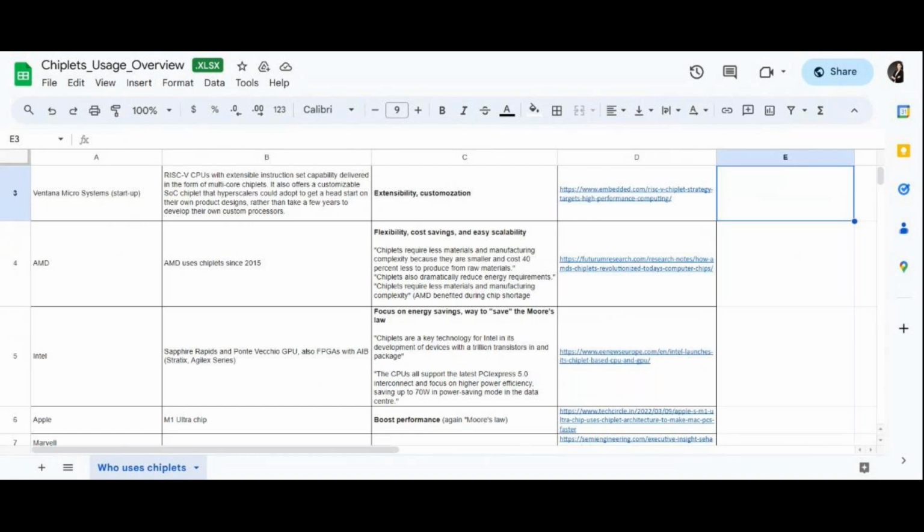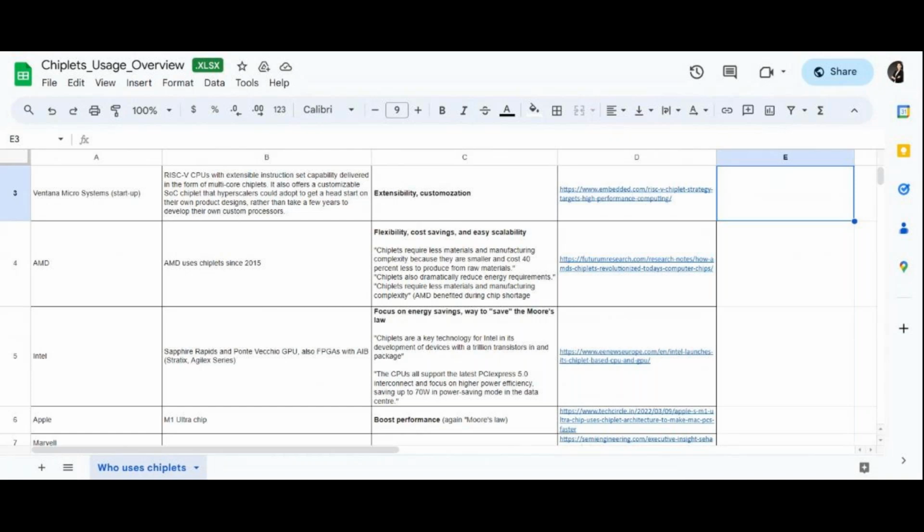So this is a helpful table, and I added some examples there from memory, where I know there were articles about companies using chiplets. One thing that we discussed last week, and this is what I touched upon initially, is that we have two use cases: companies using it internally for their product strategy, and then the next level up, having platforms for other people to participate, for different companies to build a platform.